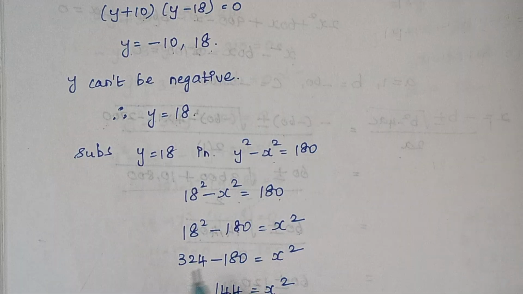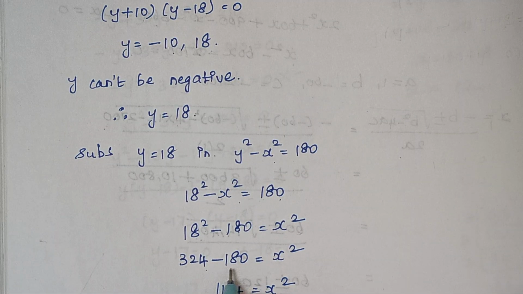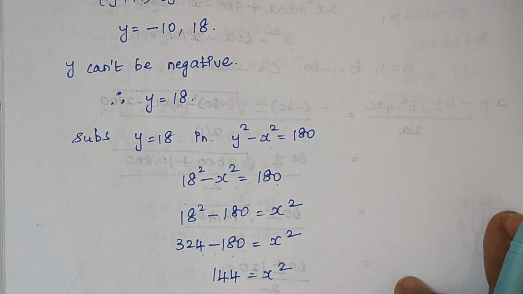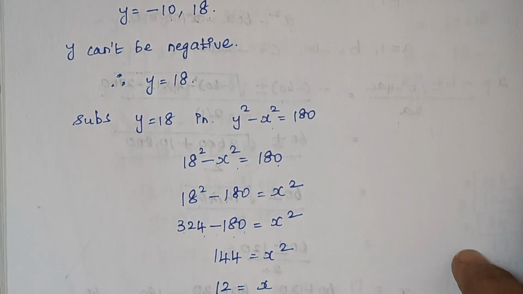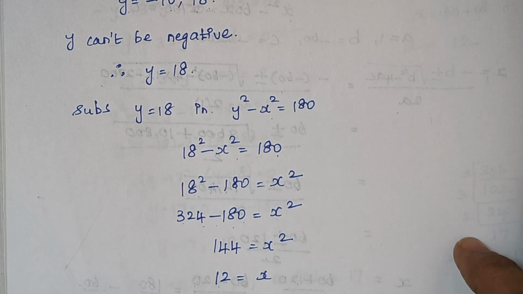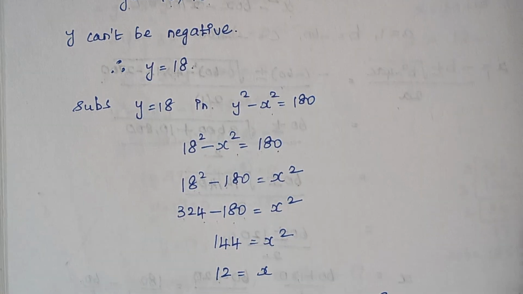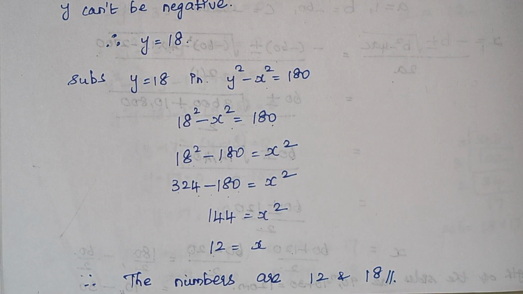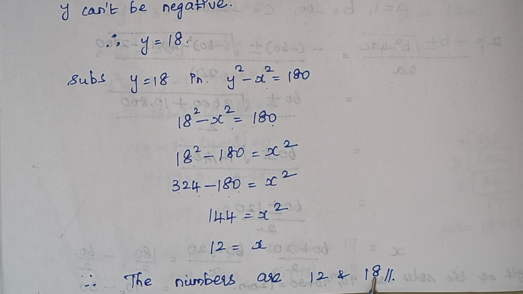So 18 square is 324, minus 180. 324 minus 180 gives you the answer 144. When you take the square root of 144, it is nothing but 12. Therefore the value of the smaller number is 12 and the value of the bigger number is 18.